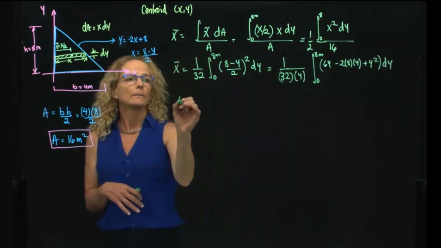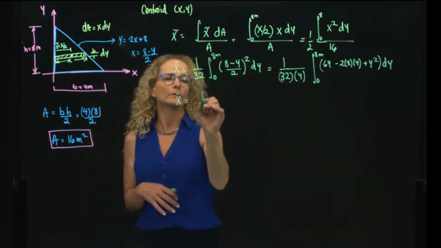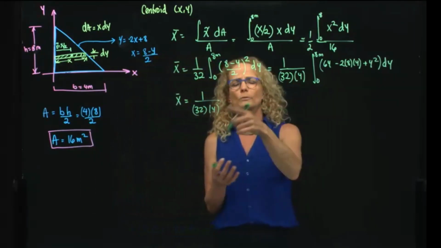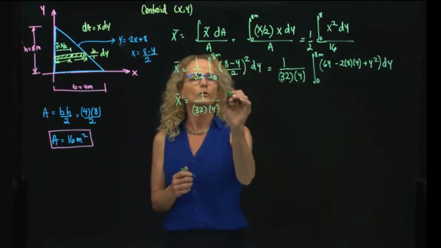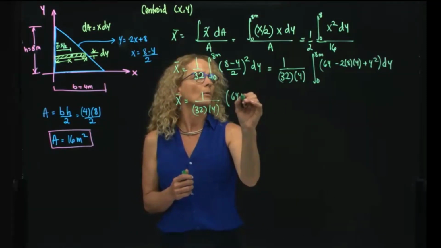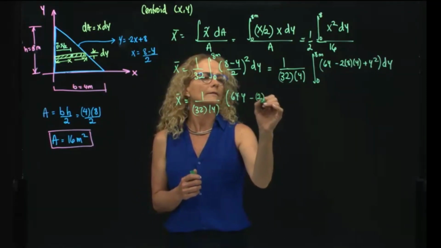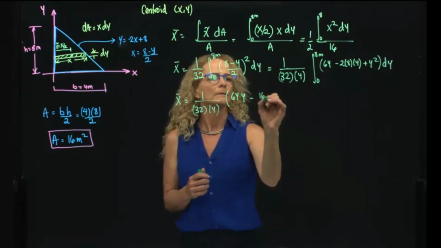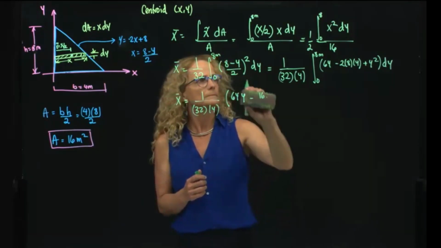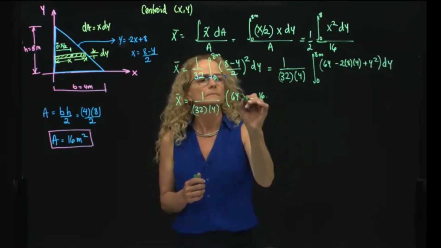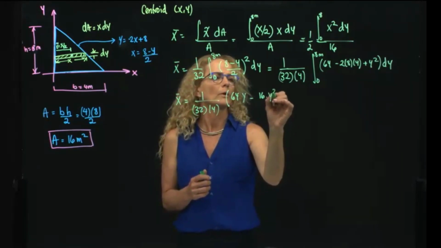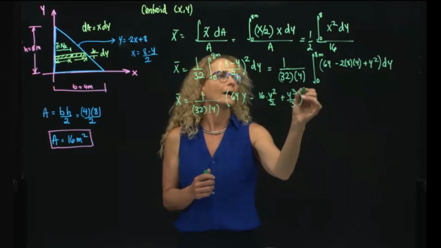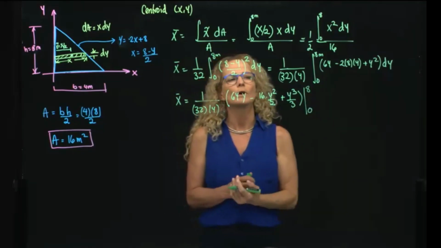And then integrating those terms, I don't have to do the multiplications because at the end many terms will cancel out. This is 64y minus 16 times y squared over 2 plus y cubed over 3, all evaluated between 0 and 8.